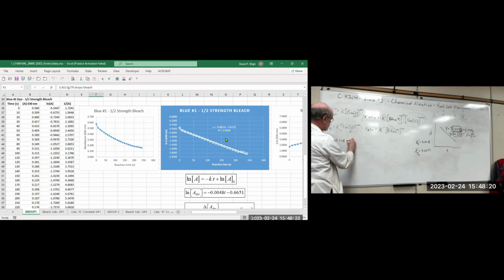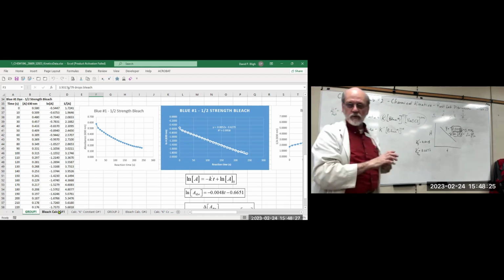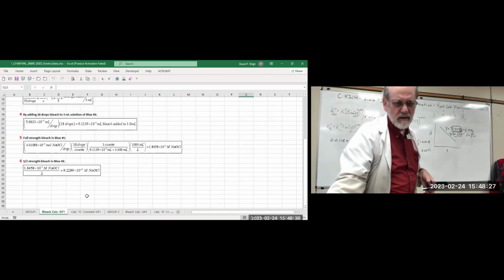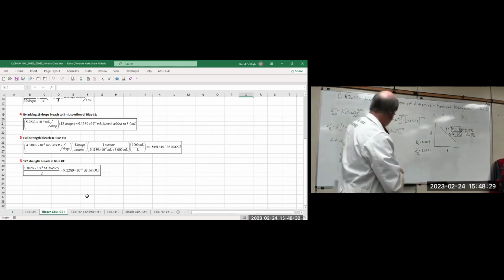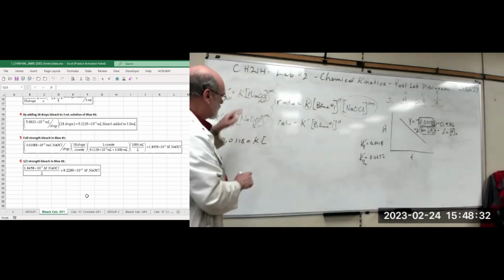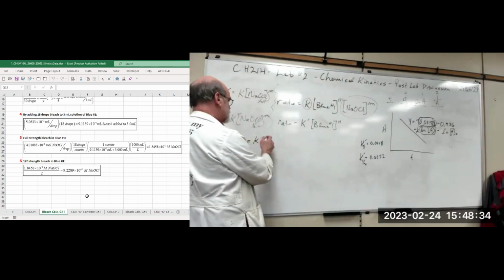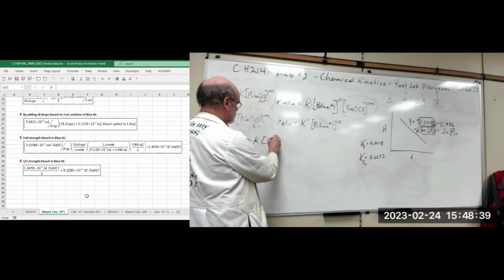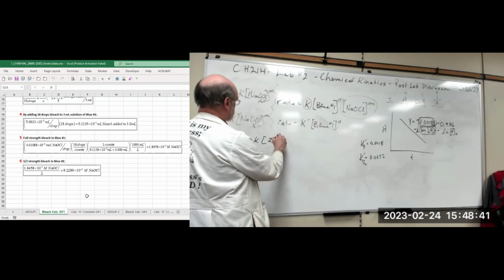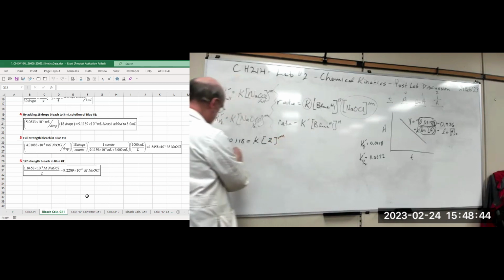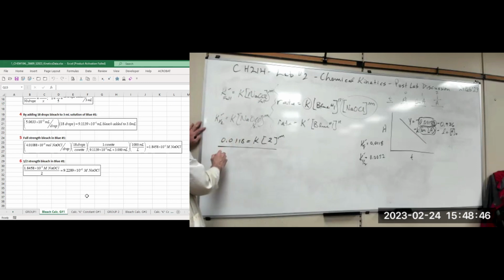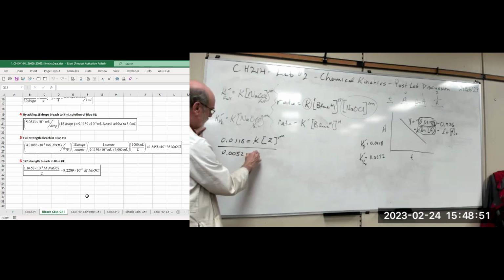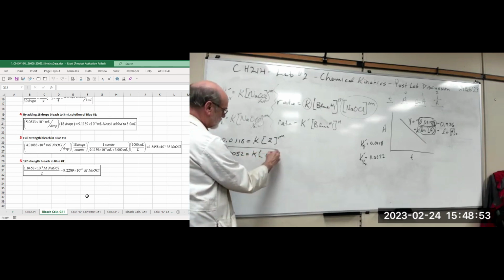This would be 0.0118 equals K times the concentration of sodium hypochlorite, which was what? Well, actually, all we need to say is this is 2 to the M. And underneath it, we're going to have the other one, 0.0052 equals K, and this is 1.